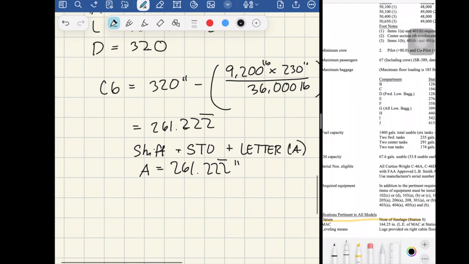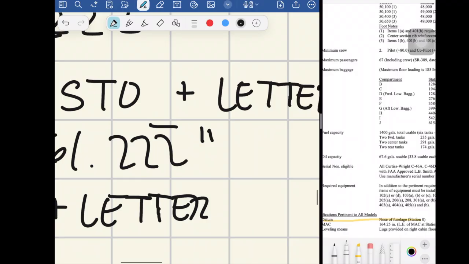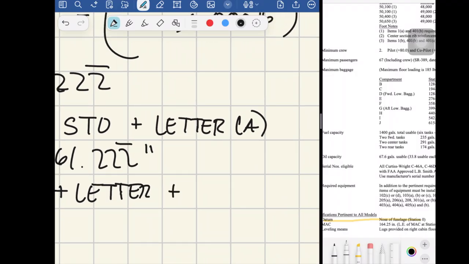To check is alpha A, hit alpha sa cycle nyo, and then hit letter A, then enter. Doon nyo makikita yung value na nakalagay sa letter natin.